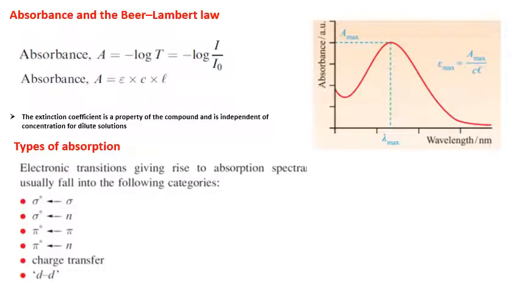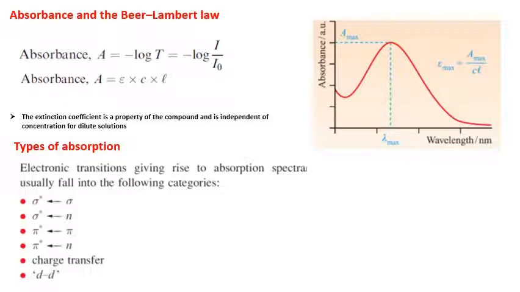Now let's discuss the important topic, absorption and Beer-Lambert. Absorption bands in molecular electronic spectra are often broad, as I have already discussed, and may be described in terms of wavelength and the molar extinction or absorption coefficient, lambda max.